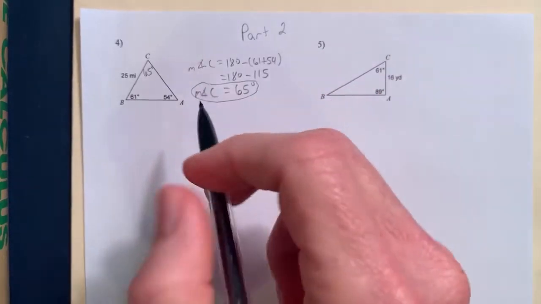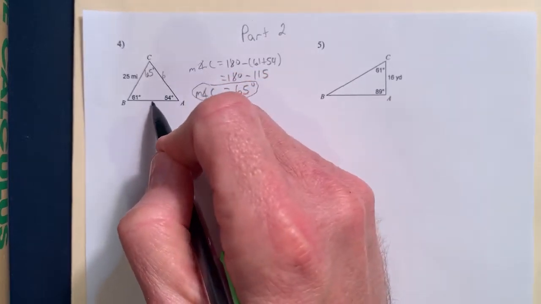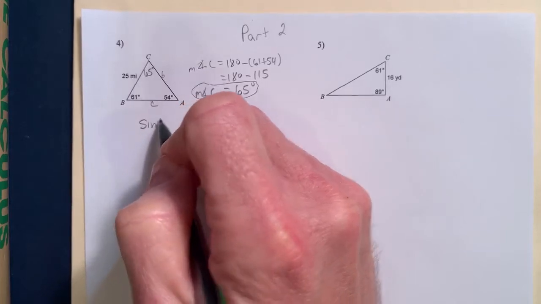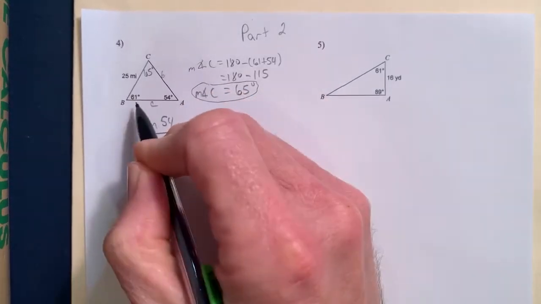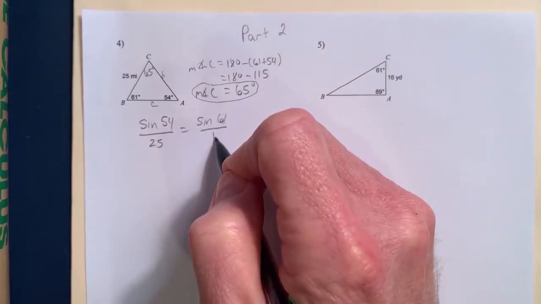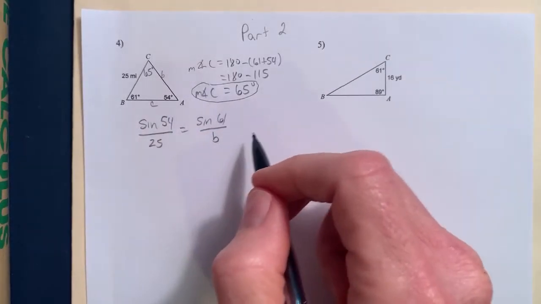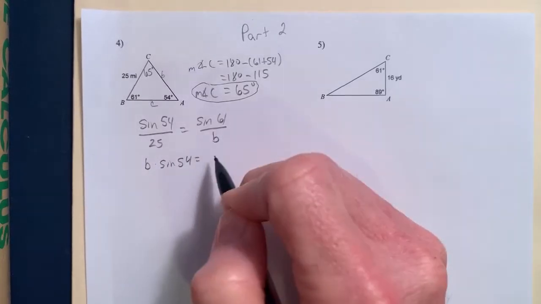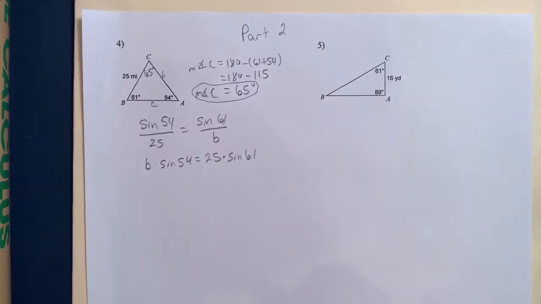So let's find B first. Here's B, this is C. So I'm going to go sine of 54 over 25 equals sine of 61 over B. So B times sine of 54 equals 25 times sine of 61.